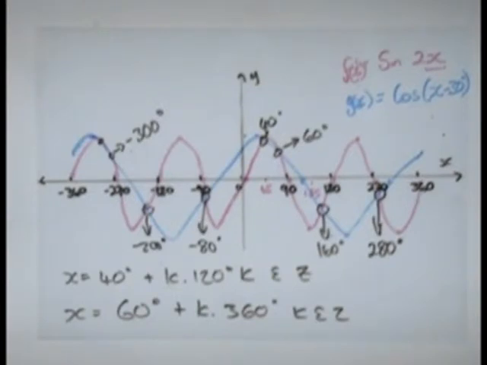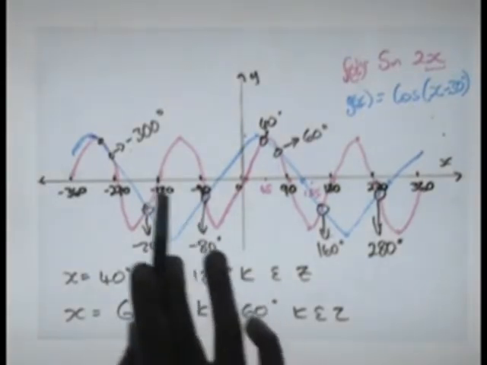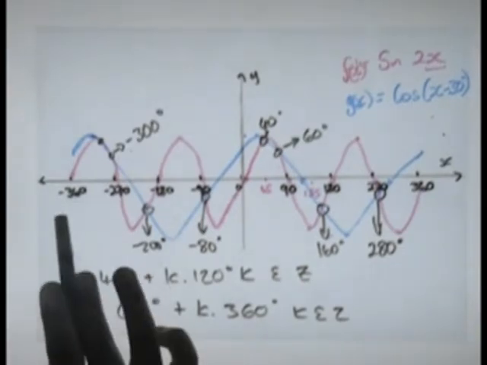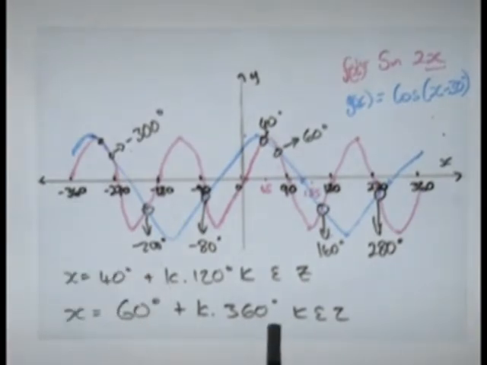Please note that I'm missing another point over there. When k is equal to -2 over here, that's going to go beyond -360, so we're not worried about that one.